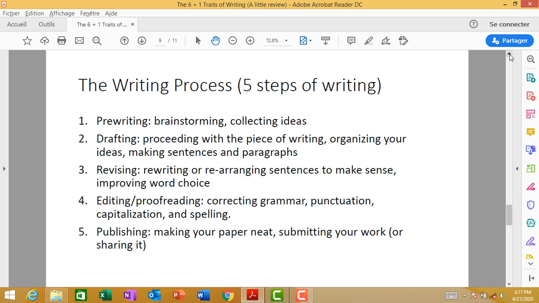And after that, this is pretty much writing, doing your work. You are doing your piece of writing. After that, you will revise your work. You will rewrite or rearrange your sentences to make them make more sense. You will improve word choice.